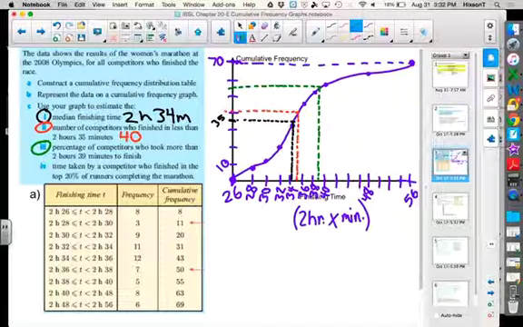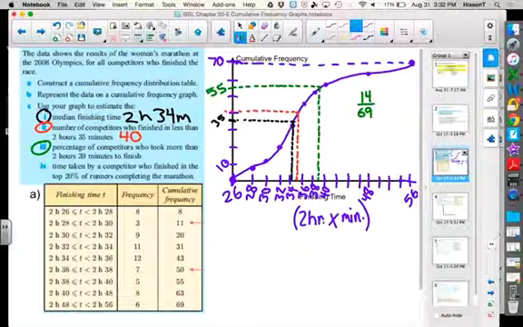So that's about 55 people, right? That's approximately 55 people. So we had 14 out of the 69, right? 14 out of 69 took more than 2 hours and 39 minutes.